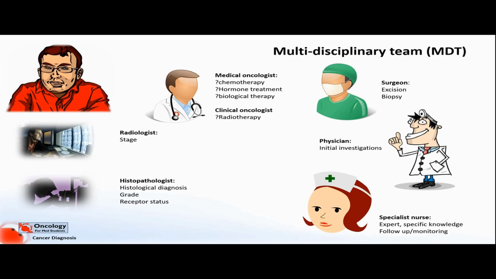Last but not least, we have specialist nurses. Specialist nurses tend to have expert specific knowledge in particular areas of cancer. So we will have lung cancer specialist nurses or GI specialist cancer nurses. They're involved heavily in the follow-up and monitoring of patients, and they're often the people who actually know the most about the patients themselves.